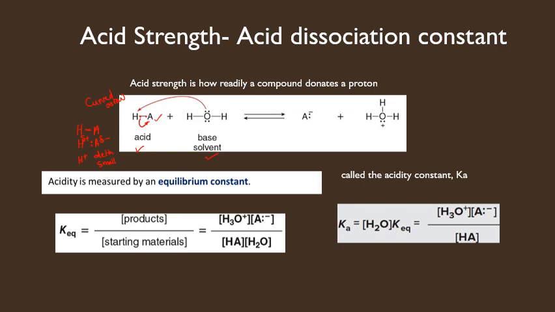You can see the electrons are taken from this lone pair and it is bonding with the hydrogen ion, which has the slight positive charge, correct? So we will have A negative here and we will have the hydronium ion, H3O positive, here.